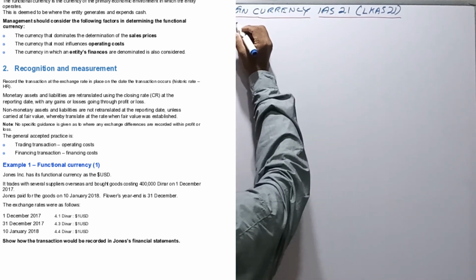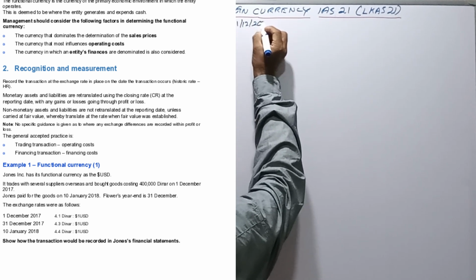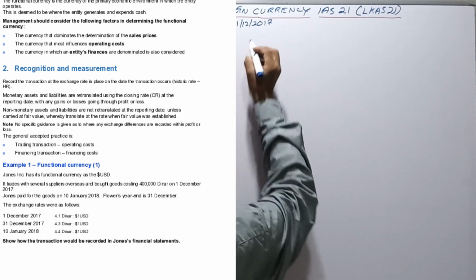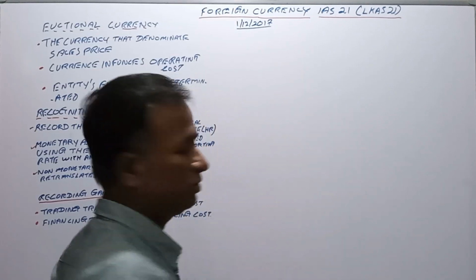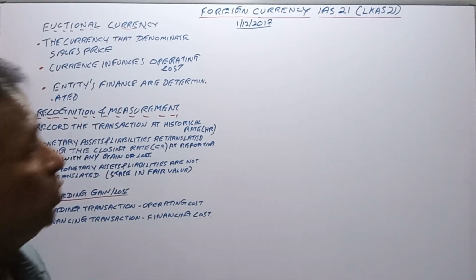It trades with several suppliers overseas and bought goods costing 400,000 dinar on 1st December 2017, right? They bought goods in dinar.